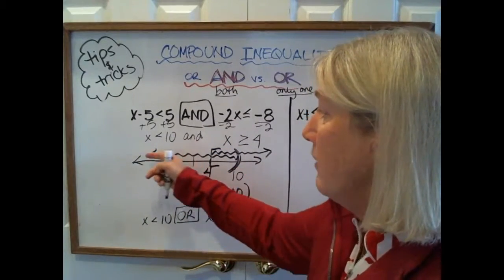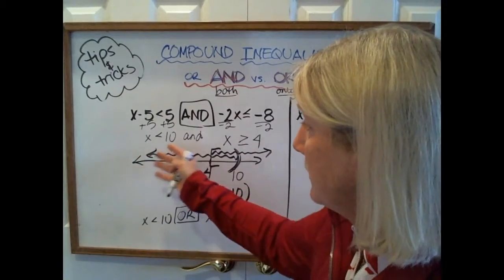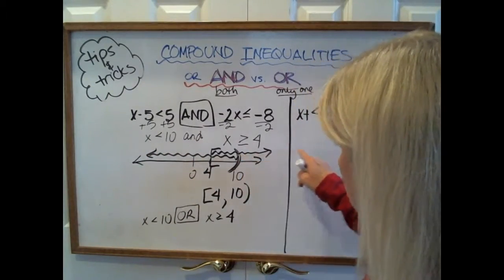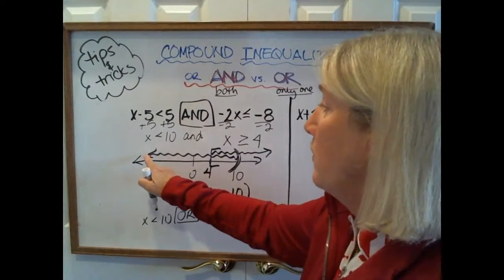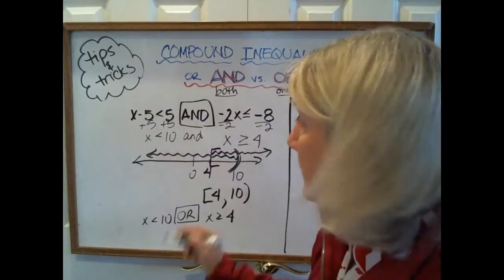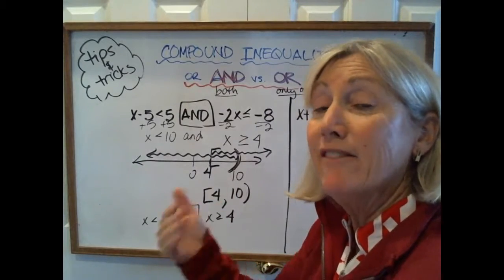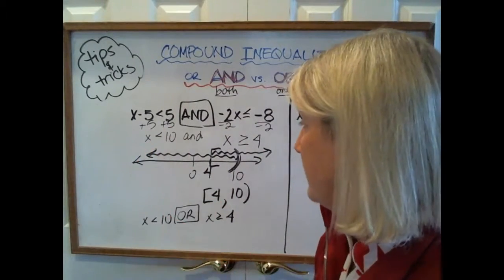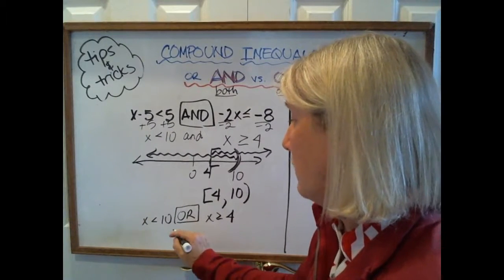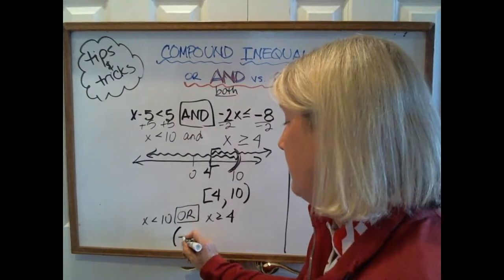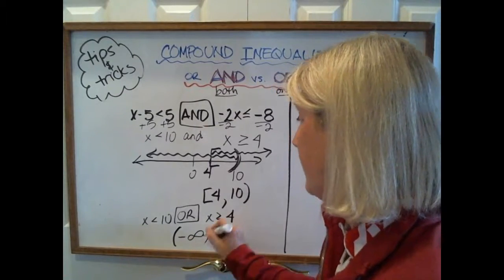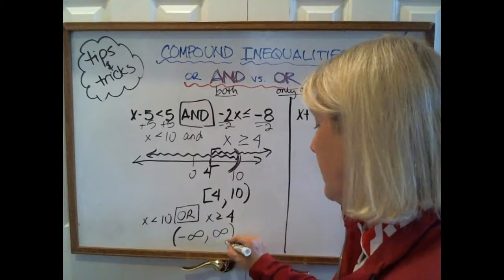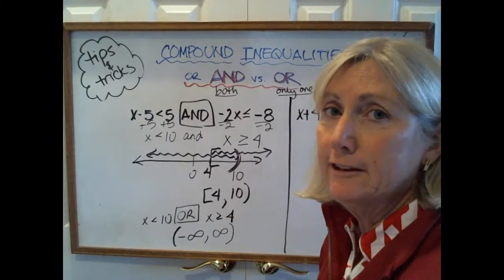So this would all be included now because there's at least one of them going there, and this would all be included here. Whenever there's an arrow without an end to it, it's going to be infinity. And we can never get to infinity, so that's where we need the soft bracket or the parentheses. So this answer, if it was "or", would be negative infinity, and it continues on to positive infinity, and both of them have parentheses.